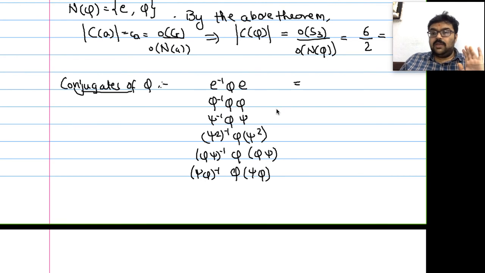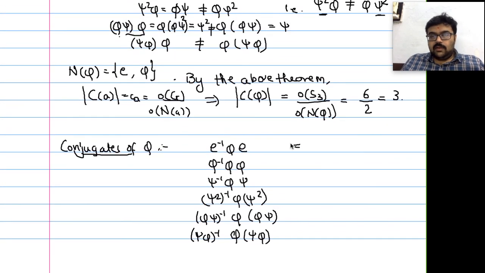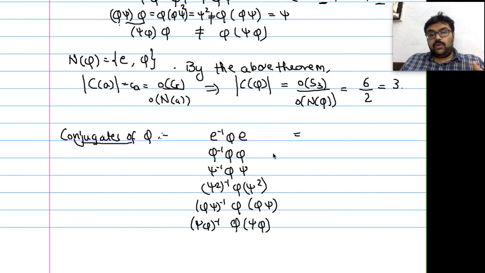All these 6 will be conjugates. 6 elements are there, so at most 6 conjugates, but there will be some clashes. So there will be only 3 distinct, as we have found from here. The number must be 3 by the above theorem, so it is very useful. Either you find conjugates, then you can know the order of the normalizer, or you find the normalizer, then you know the number of conjugates. You just divide the order of the group by that.